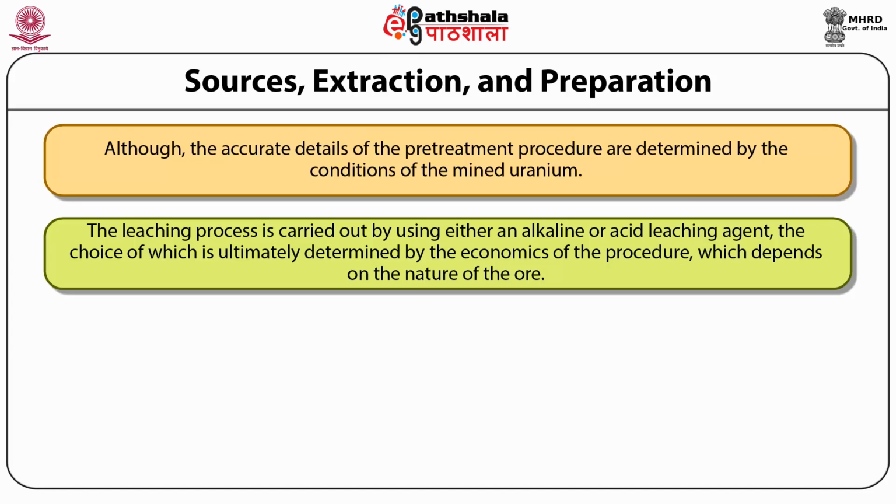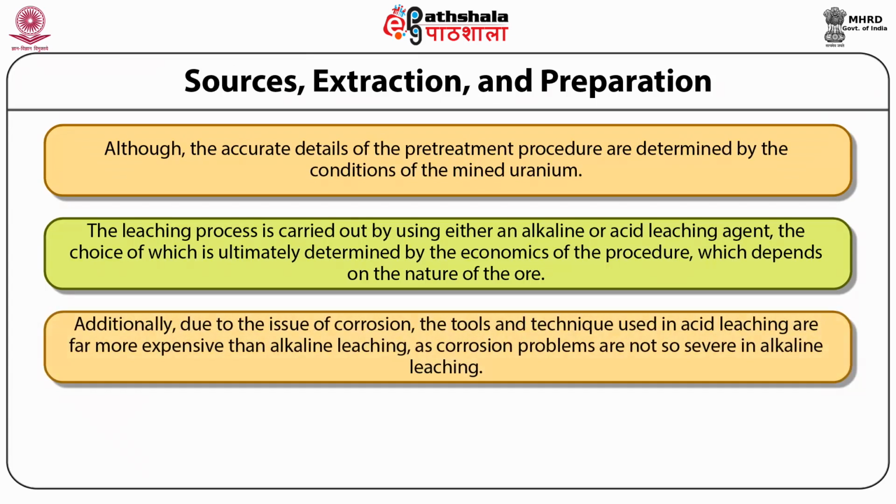However, acidic leaching has some limitations, as it cannot be used for ores that contain magnesium or calcium carbonates, because these compounds have a tendency to react with acid leaching agents, which results in the wastage of an excessive amount of acid.